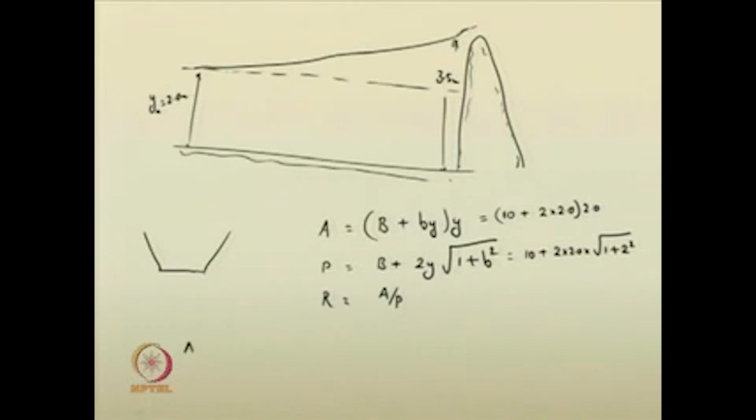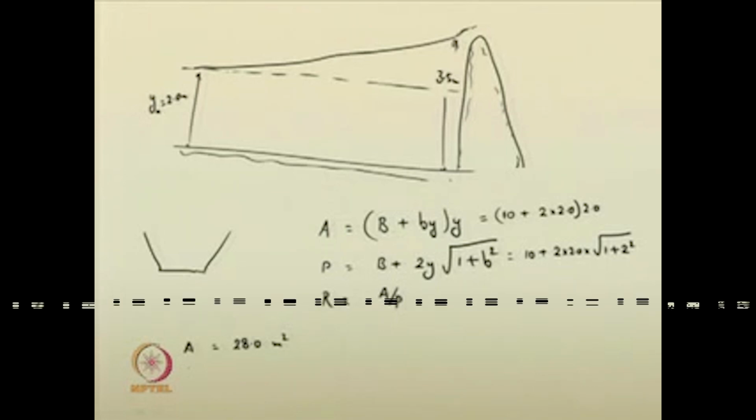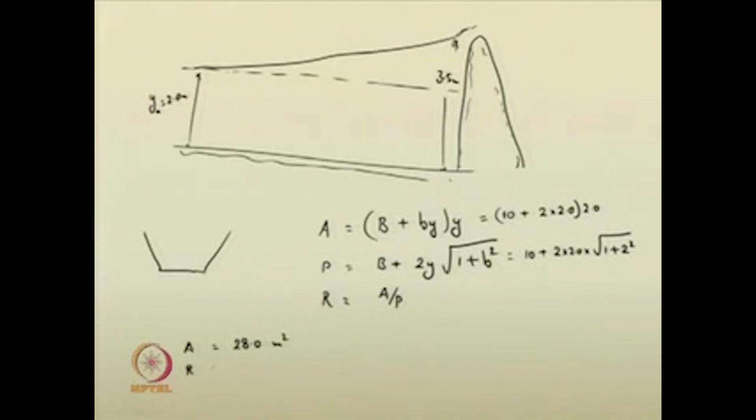So, you have got A is equal to 28 meter square, R is equal to, just substitute the corresponding values, R is equal to A by P. I am getting it as 1.478 meter. You can verify them.